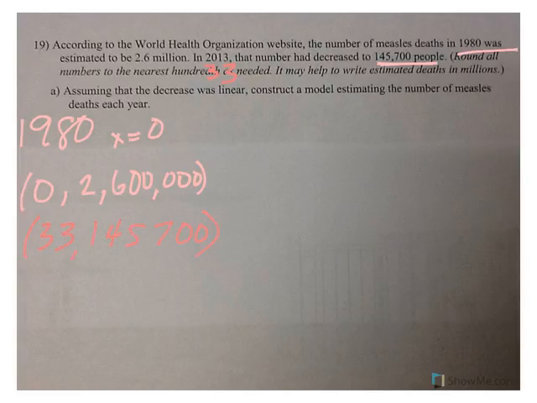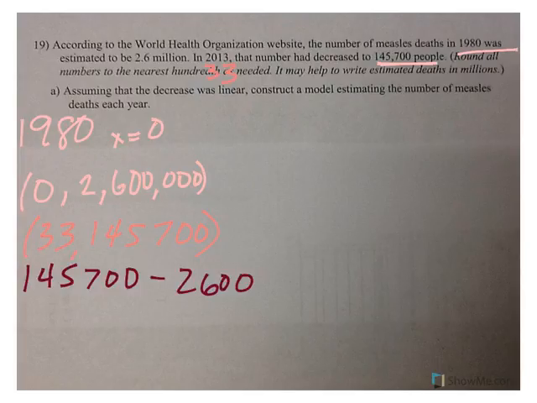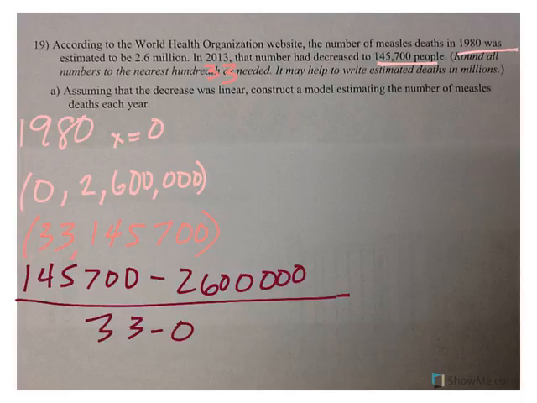145,700. So when I do this, we find the change in y: 145,700 minus 2.6 million, divided by 33 minus 0.